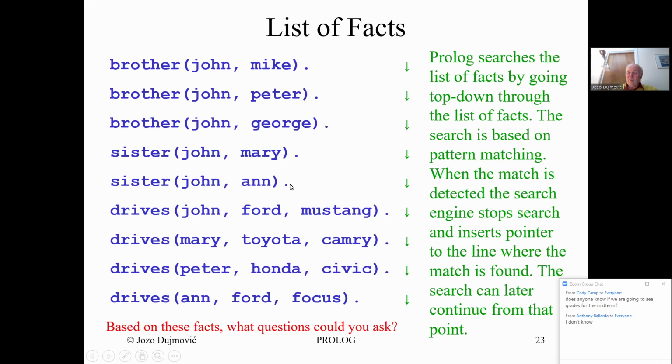Put here the pointer and then go to satisfy whether N drives Toyota. So we go here, skip brother, brother, skip sister, sister. Drives N Toyota. So drives N fails here. Drives N fails here. Drives Peter fails here. Drives N succeeds.